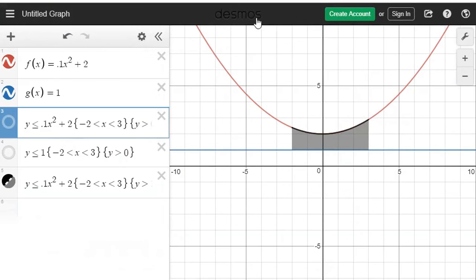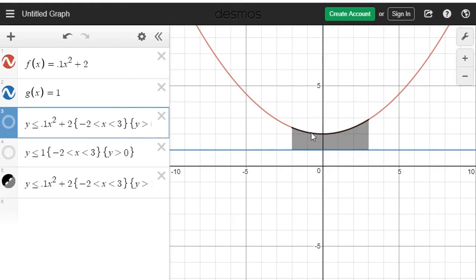What we're doing is we have this area that's getting swept around to the bottom, and then we're subtracting the area in blue, which then just gives us the area in black.